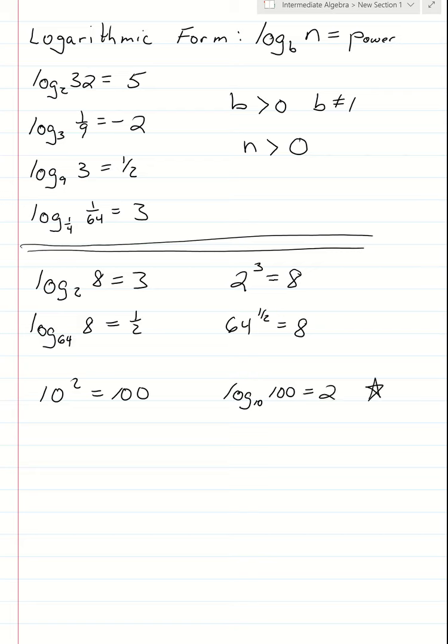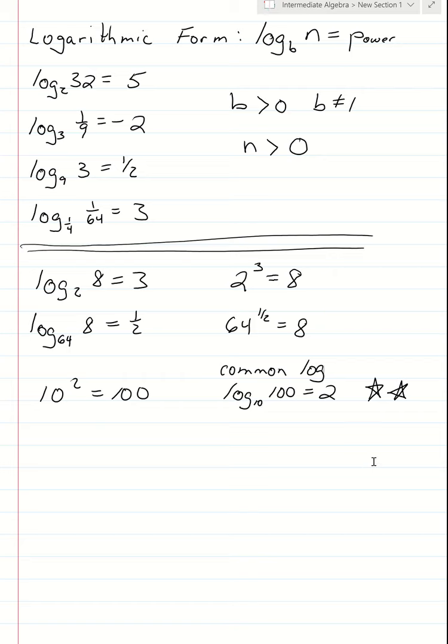I want to take a moment and look at this particular logarithm, log base 10. Log base 10 is often known as the common log, and that's because of the base. Base 10 is considered the common base, so when you're dealing with log base 10, you are dealing with the most common log.